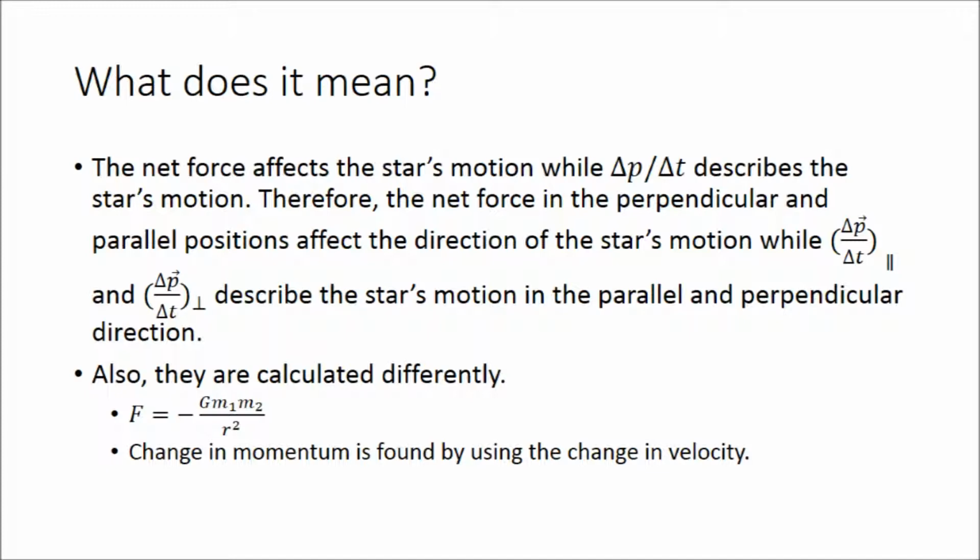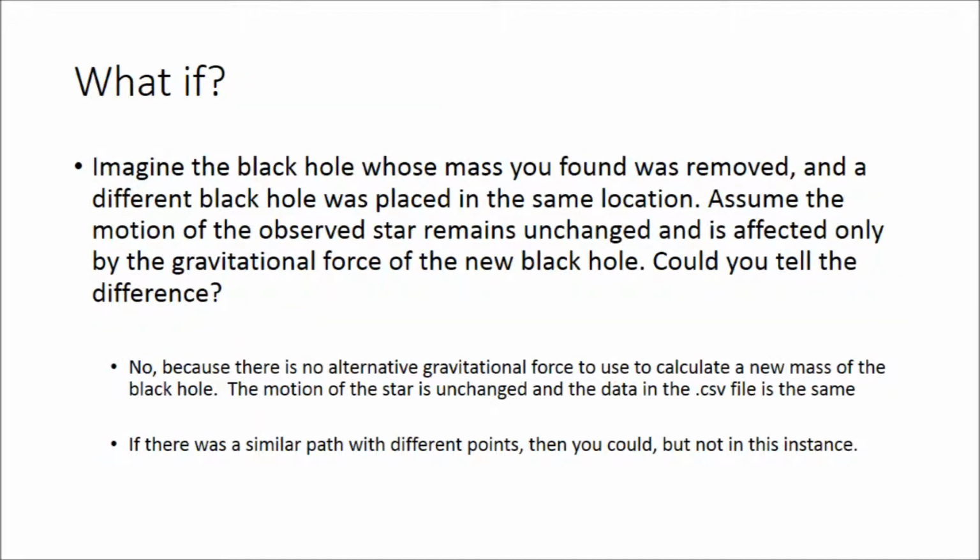Therefore, the net force in the perpendicular and parallel positions affects the direction of the star, while dp/dt parallel and dp/dt perpendicular only describe the star's motion in the parallel and perpendicular directions. They are also calculated differently. The net force is calculated through Newton's universal gravitation principle formula, while the change in momentum is found by using the change in velocity.